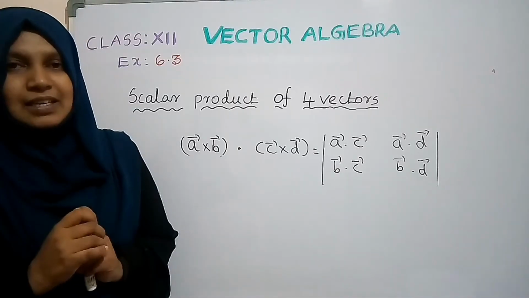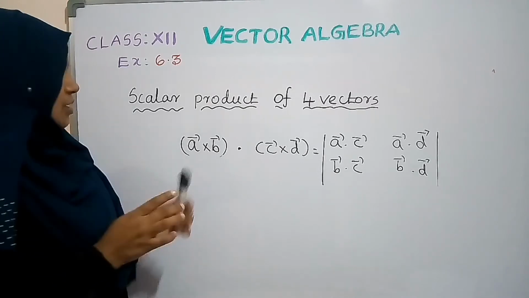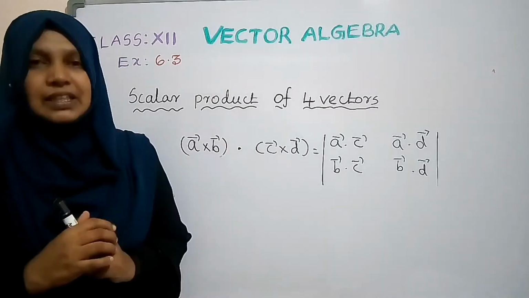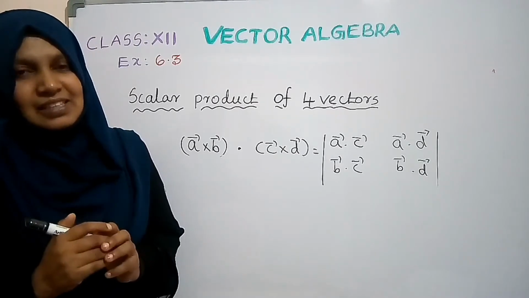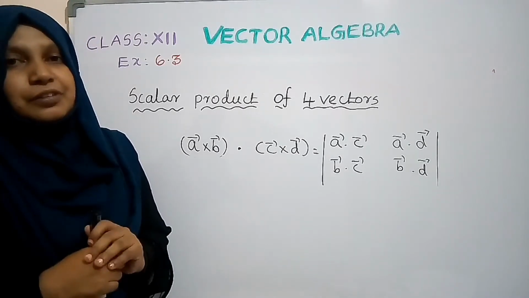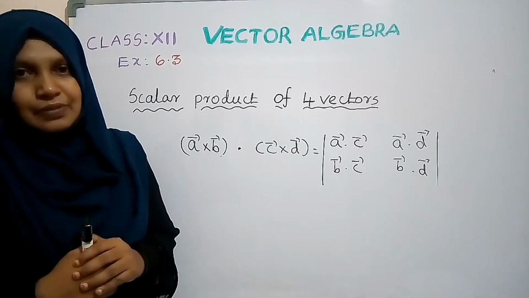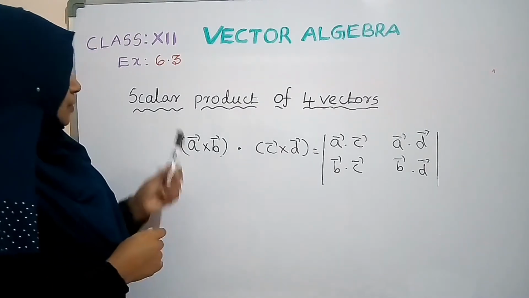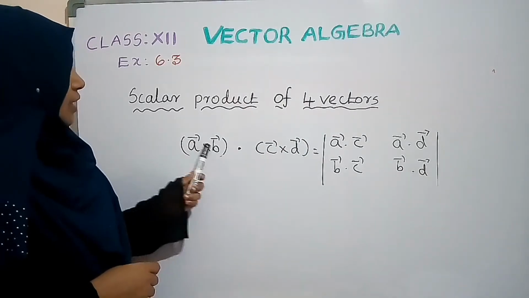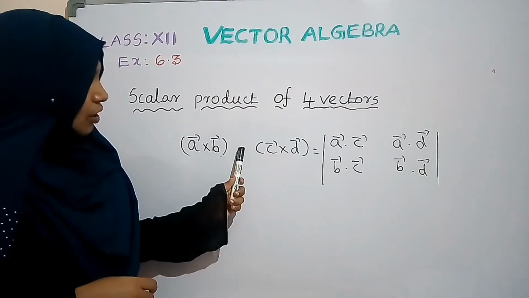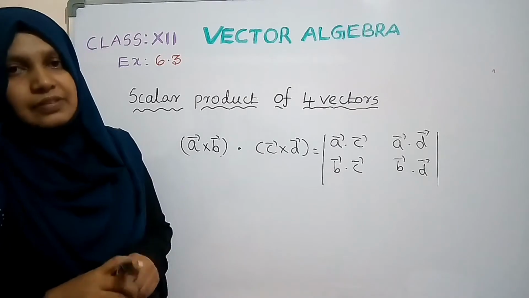In this same exercise, the next topic is the scalar product of 4 vectors. Consider the 4 vectors A vector, B vector, C vector and D vector. We are going to find the scalar product of these 4 vectors. For the scalar product of 4 vectors, we should calculate A vector cross B vector dot C vector cross D vector.